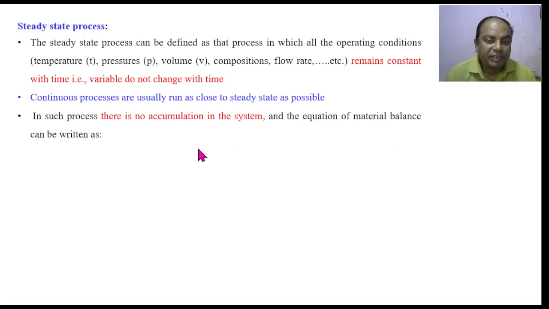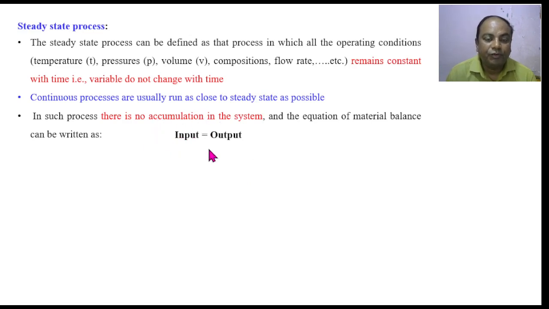So we can say that during the process no accumulation occurs in the system, and therefore continuous processes actually run under steady state condition. Steady state is that condition in which all of the process variables, or all the operating conditions, remain constant with time.